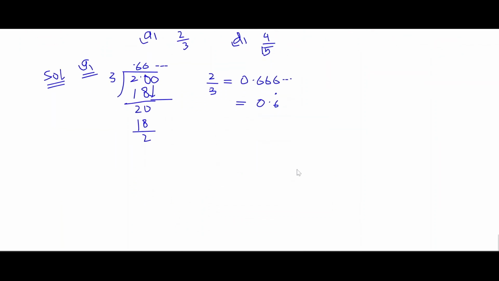Next we have part B, 4 by 15. We have 4, so we put the dot and a 0, and it becomes a decimal. 15 into 2 is 30.